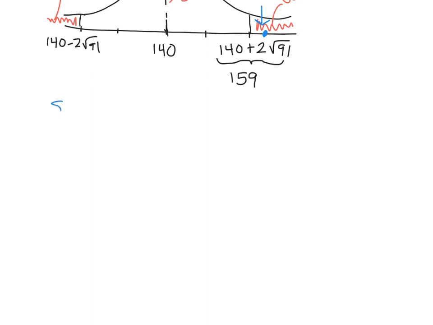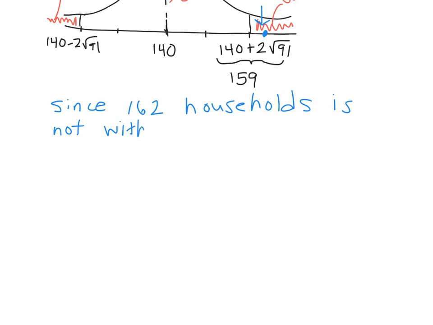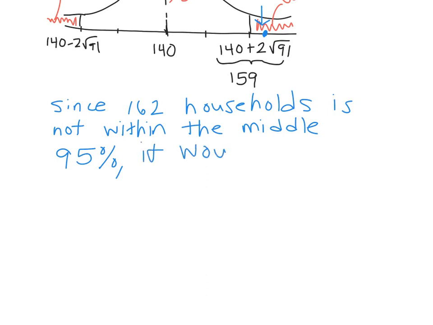All right, so since 162 households is not within the middle 95%, it would be unusual.